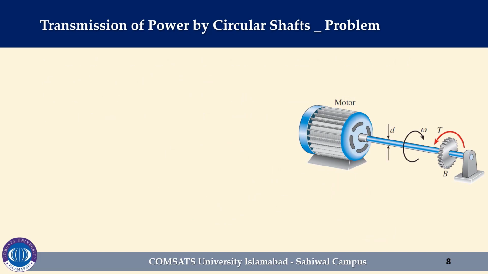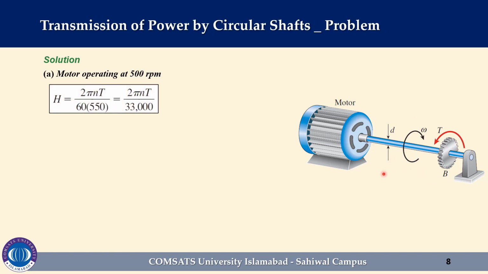So after analyzing the problem statement, now we will move towards the solution. In part A, we have to find the diameter of the shaft if the motor is operated at 500 rpm. Knowing the horsepower and the speed of rotation, we can find the torque T acting on the shaft using the equation H = 2πnT over 33,000.